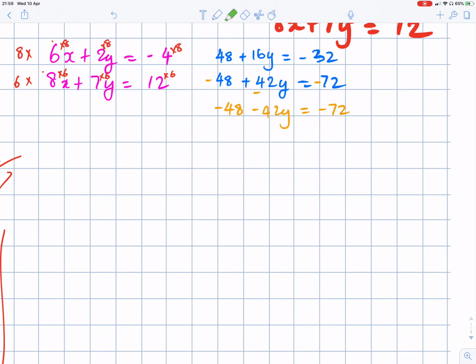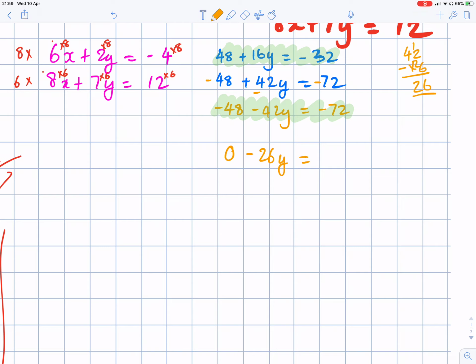Then you're going to take this equation and add it to that equation. So this becomes 0, then 16 minus 42. You just do 42 minus 16, you get 26. So that's minus 26y.